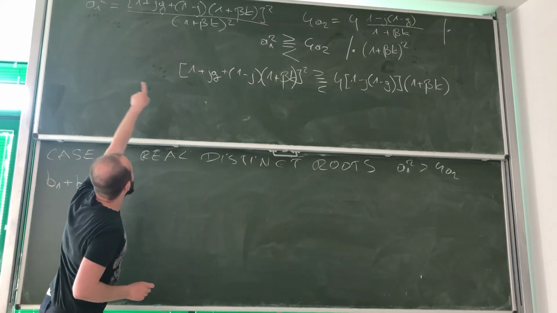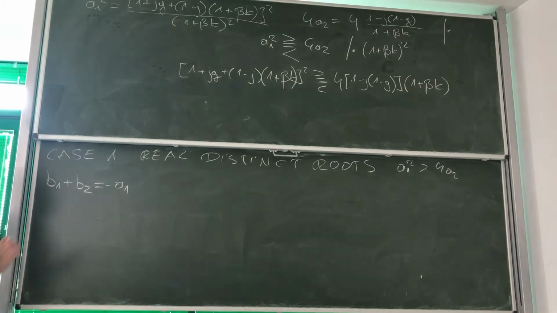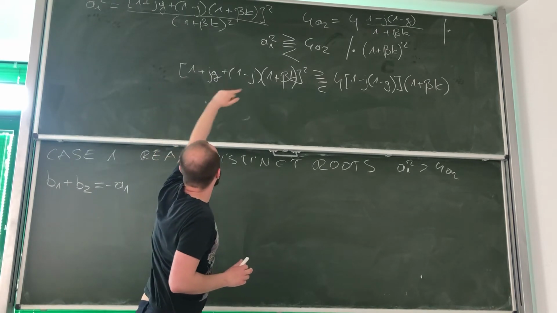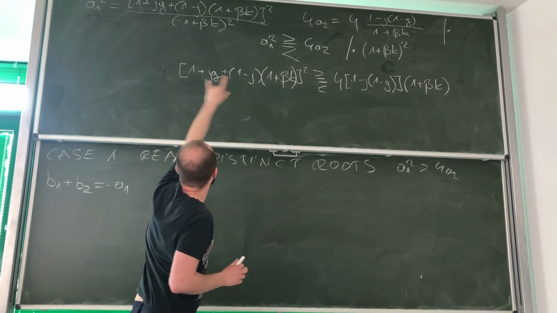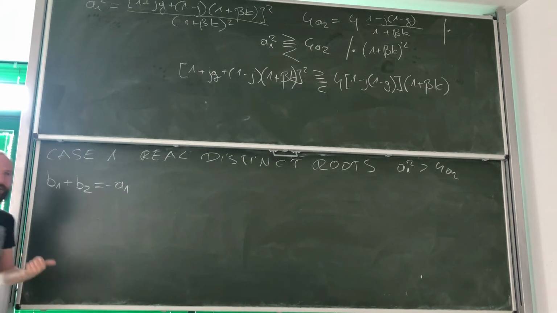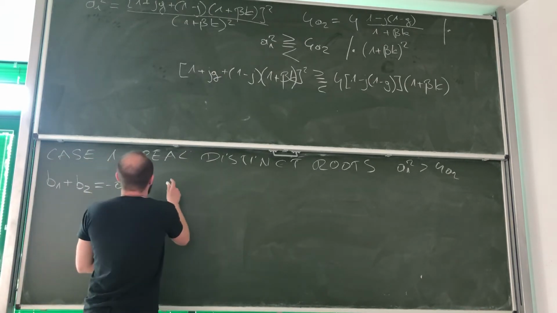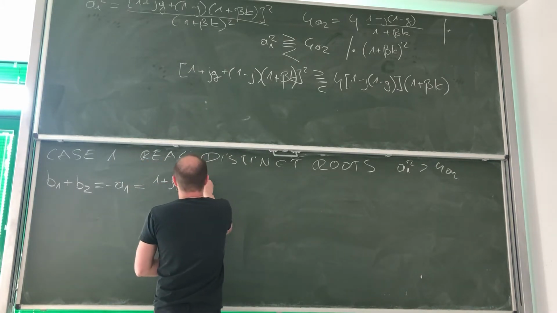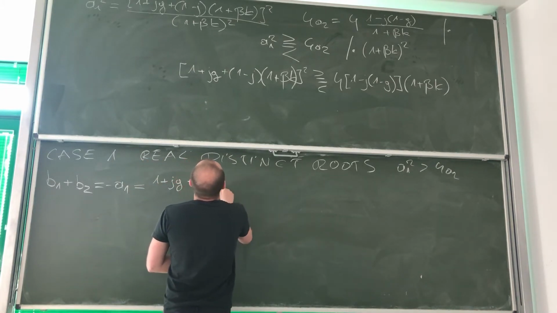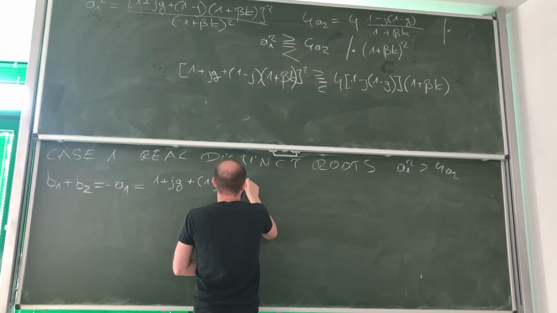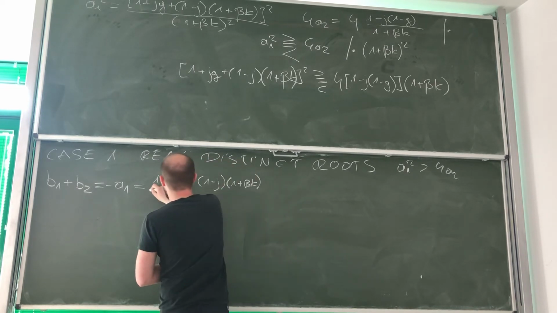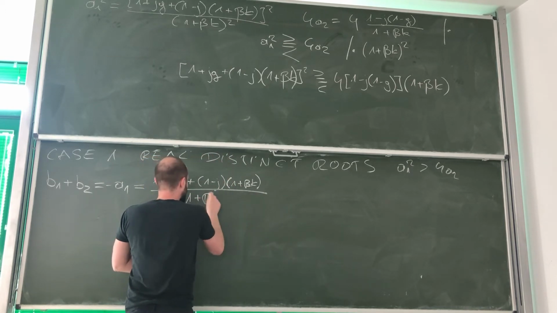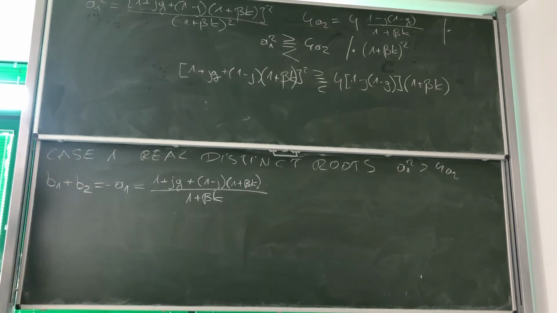So we need to take well, A1, so we no longer have it on the blackboard, but you remember that it looks the same as this one without squares, and it has minus up front, so we will get rid of this minus. Turns out that this is simply 1 plus jg plus 1 minus j times 1 plus beta k over 1 plus beta k.